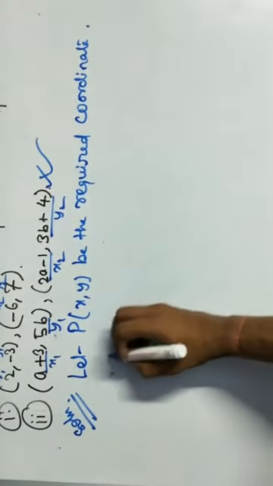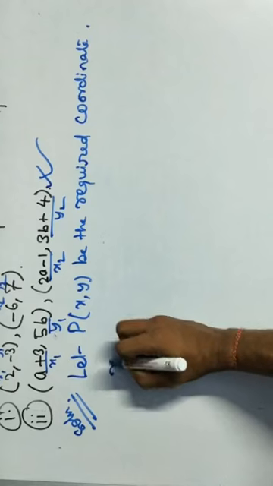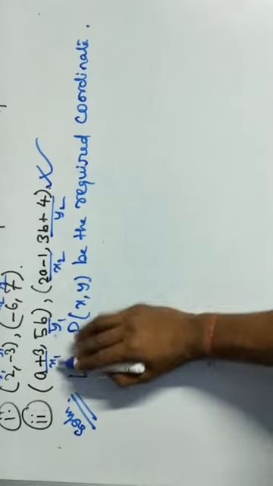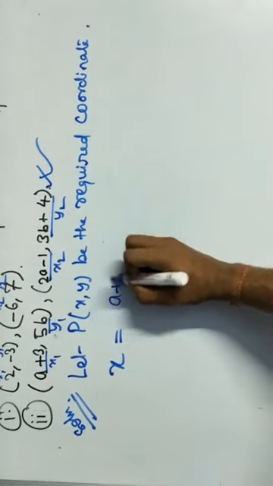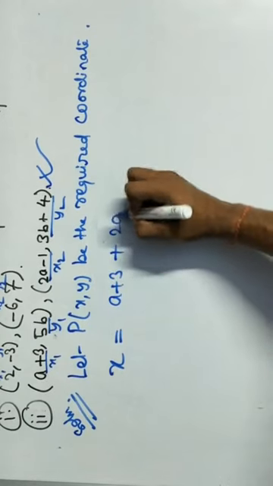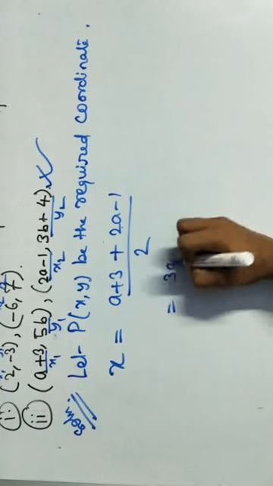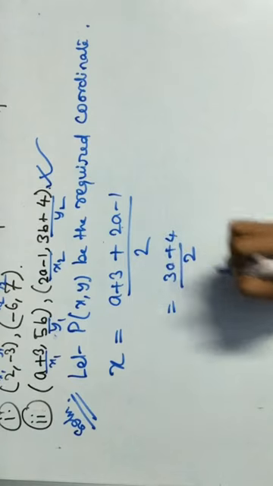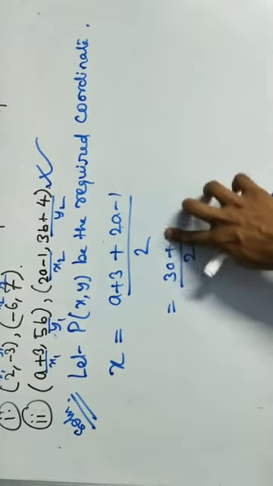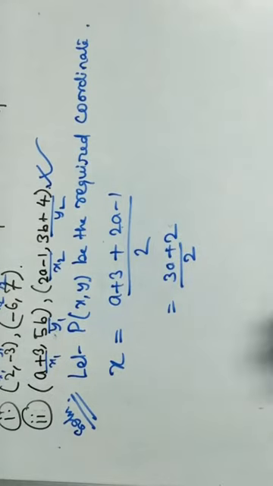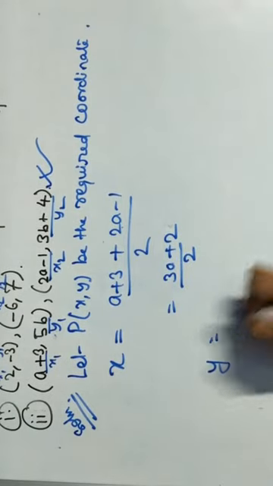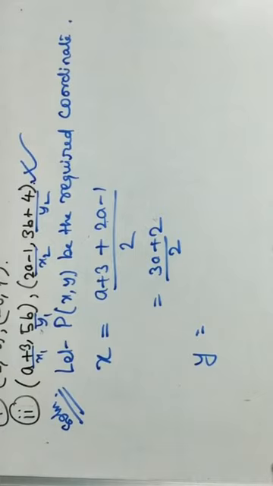So the abscissa of the midpoint will be (x1 plus x2) by 2, that is (a plus 3 plus 2a minus 1) by 2. 2a plus a will be 3a, 3 minus 1 will be 2. So this will be (3a plus 2) by 2, the abscissa. Next we will solve the ordinate.